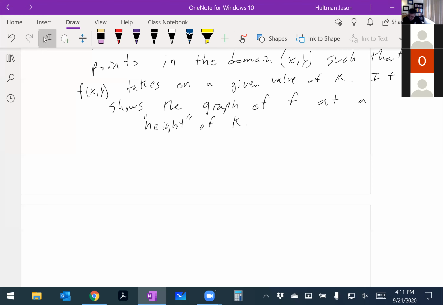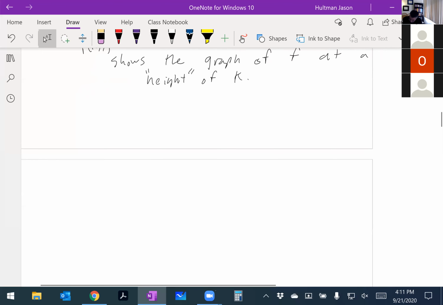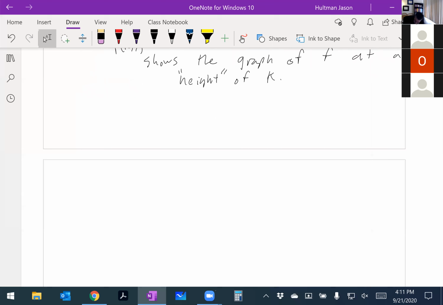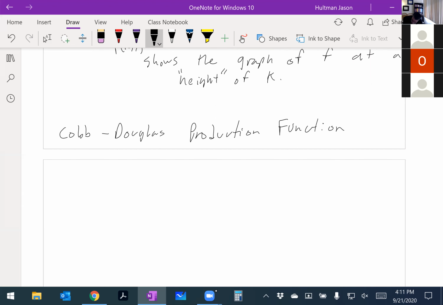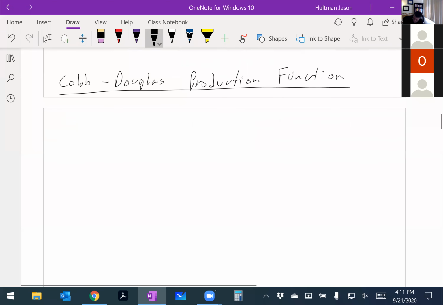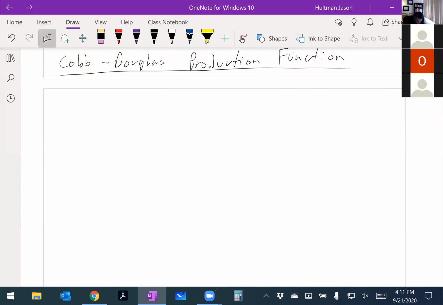This is called the Cobb-Douglas production function. That rhymes. Cobb-Douglas production function. Conjunction, junction, what's your function? Okay, so the function P with respect to L and C.